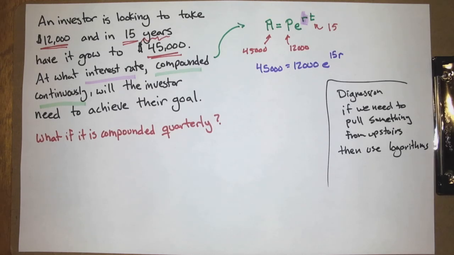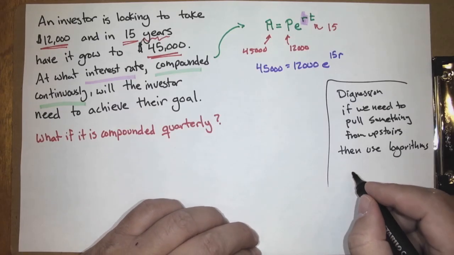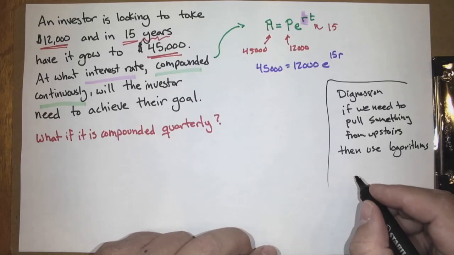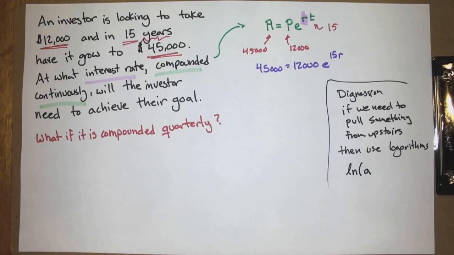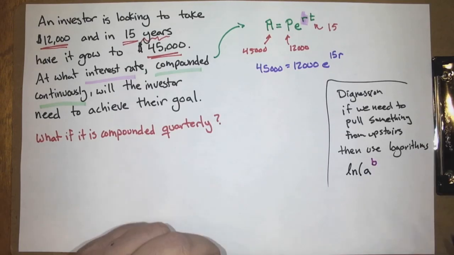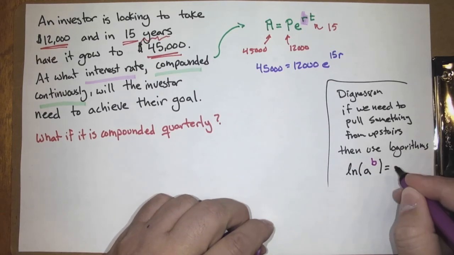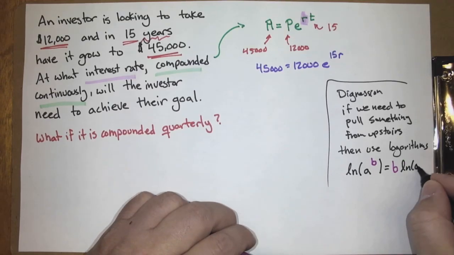By default, I use natural log. Any log will work. Why do we use logarithms? Logarithms have some really great properties. The one we're going to use most often is this: if I have log of a, where a is just a number, raised to a power b, so I have something upstairs, then this is equivalent to b times natural log of a.